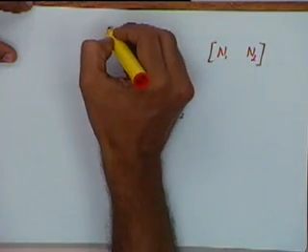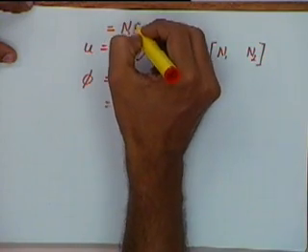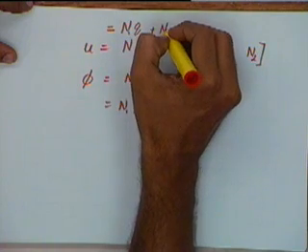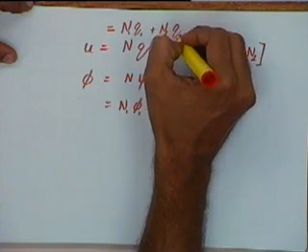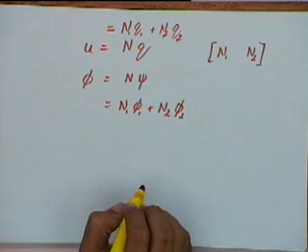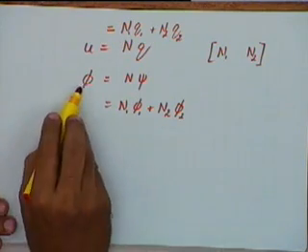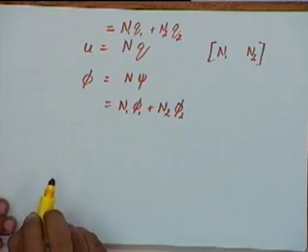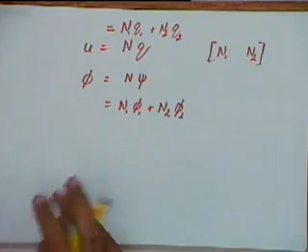Okay, this u equal to nq is the same as n1 q1 plus n2 q2. So phi will be equal to n times psi.